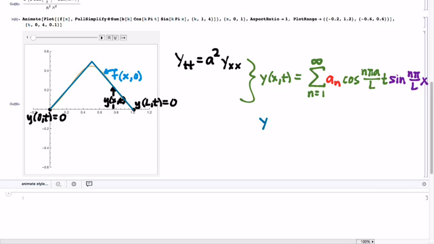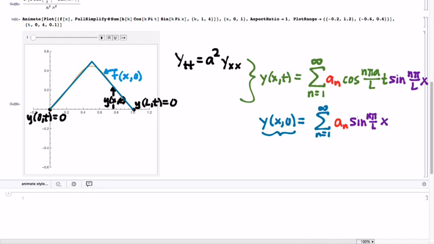Because if we substitute a 0 in for t and look at y of x comma 0, we're going to get that same sum with that same coefficient a sub n, but with this building block function, sine of n pi over L times x, sum n equals 1 to infinity. And we need somehow for this to add up to my tent function shape in this example, say.